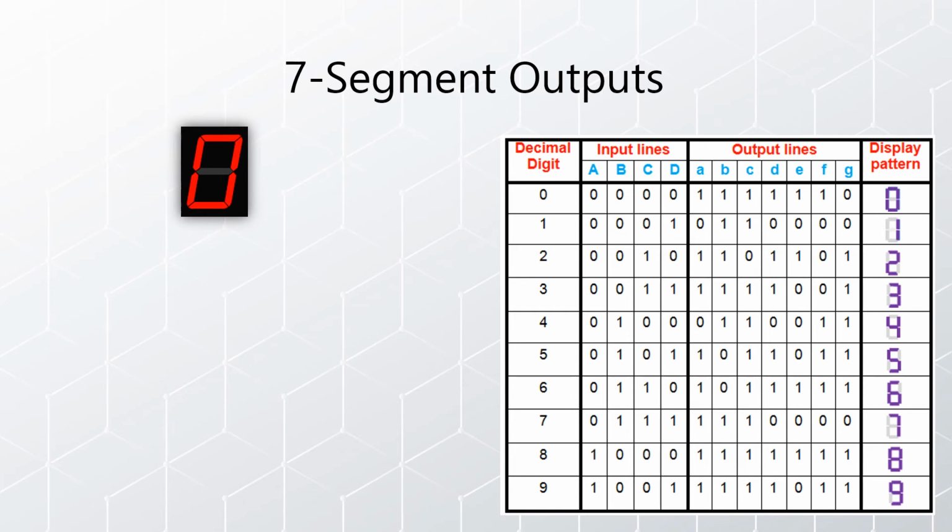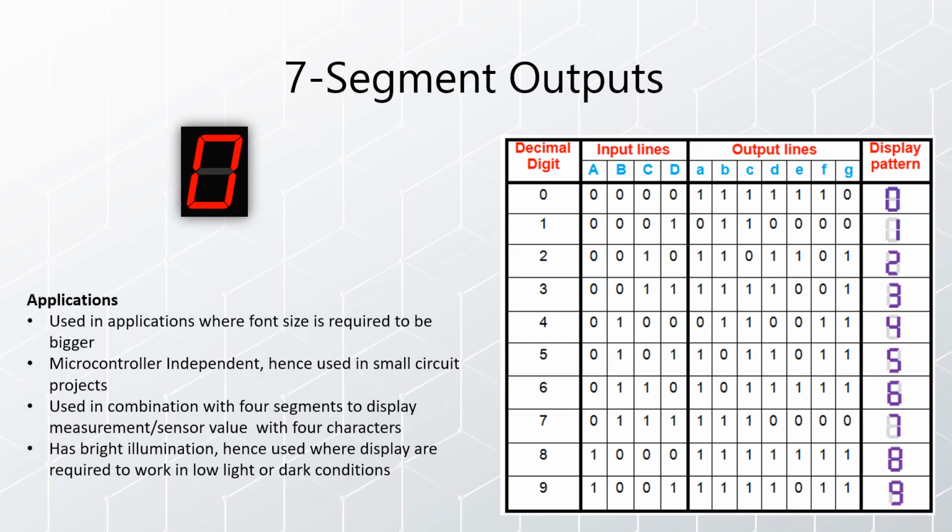When the input lines are 0, 0, 0, 0, the output lines A, B, C, D, E and F are 1, and G is 0, so the display pattern would be 0. Similarly, when the input lines change, the output lines also change accordingly with 0 or 1, and hence we get the respective display pattern. As you can see in that display, we go from 0 till F. That's how the 7-segment display works.